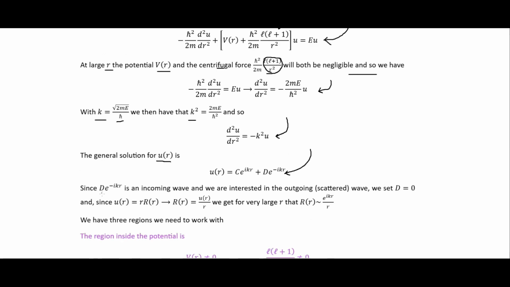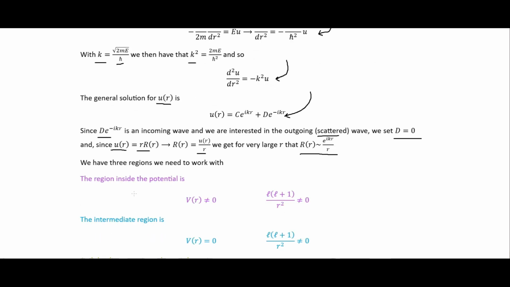Since this is the incoming wave, and we are interested in the outgoing or the scattered wave, we just set d equal to 0. Since our u of r was equal to this, we get u of r over r, and so for very large r, our radial equation is equal to this e to the ikr over r right here.